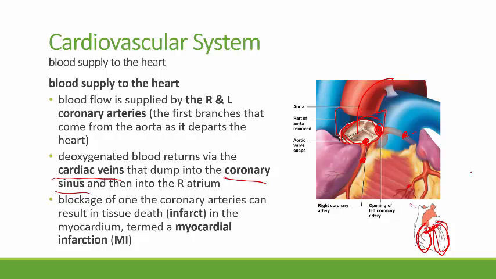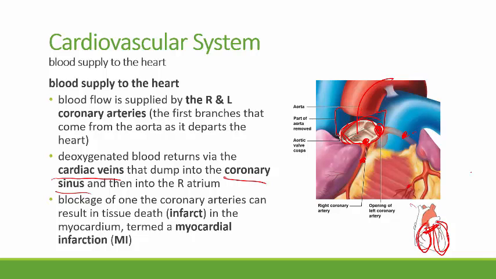So reoxygenated blood returns to the heart through the right and left pulmonary veins into the left atrium, and then the blood is squeezed down to the left ventricle, and as the left ventricle contracts, blood is pushed up and out through the aorta.